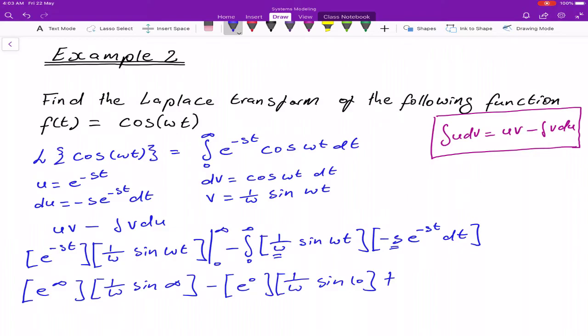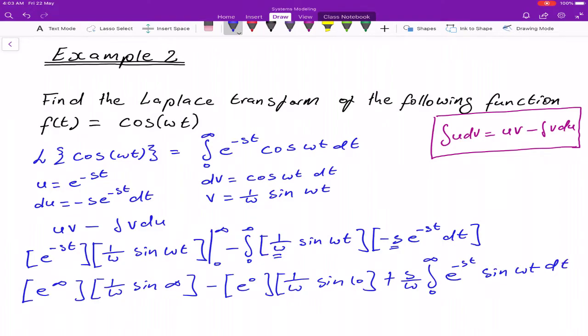Then we're going to have s over omega, integrating this between 0 to infinity, and just rewriting, we have e to the minus st times sine omega t dt.